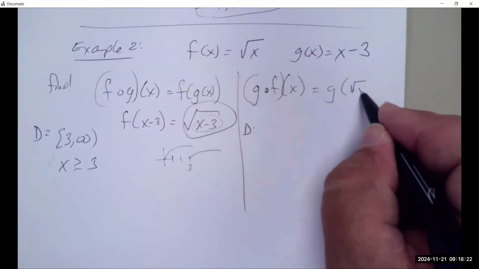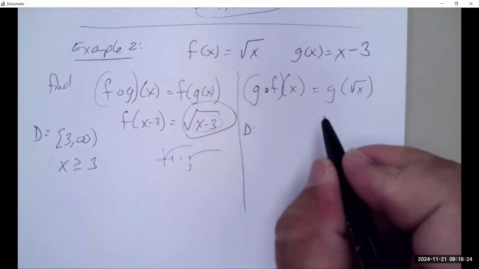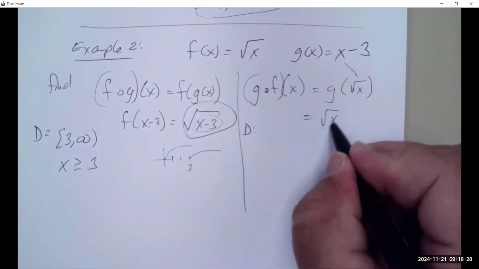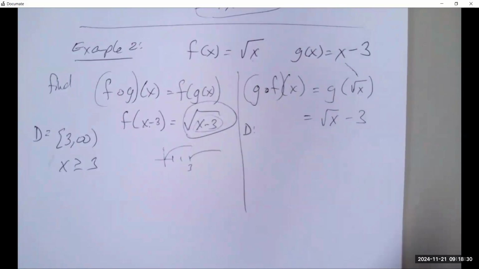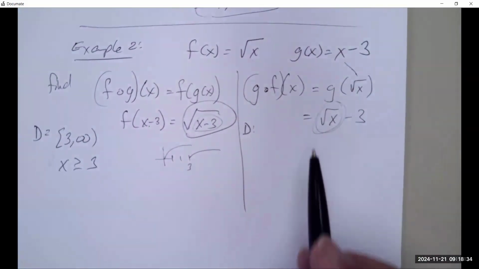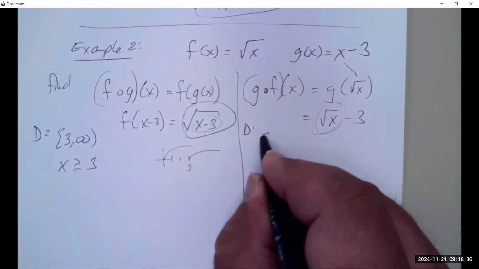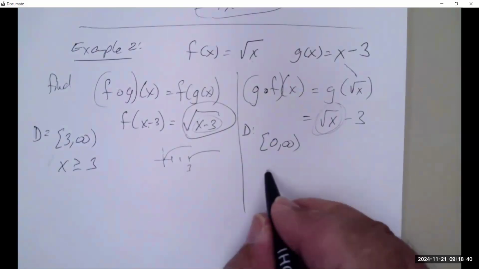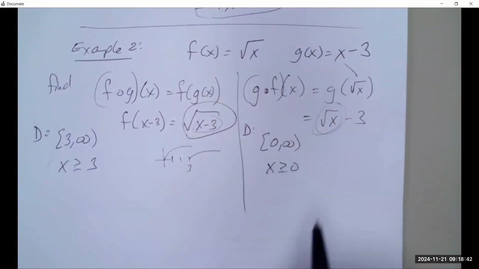G of square root of x, which becomes square root of x minus 3. So the domain is really only this. What's the domain of square root of x? 0 to infinity, or x is greater than or equal to 0.